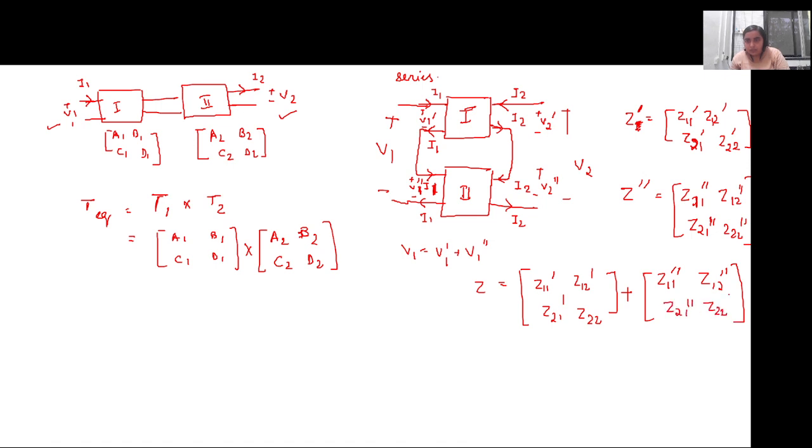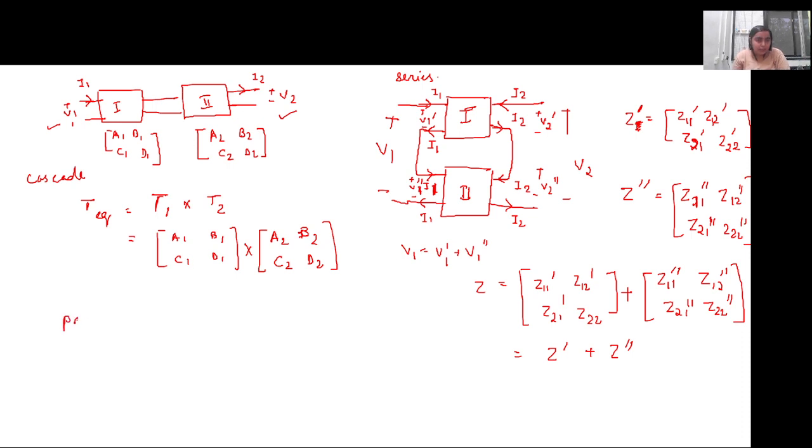So we saw that ABCD parameters for a cascaded network were multiplied, but in case of a series network, it is just the matrix summation of the two circuits.